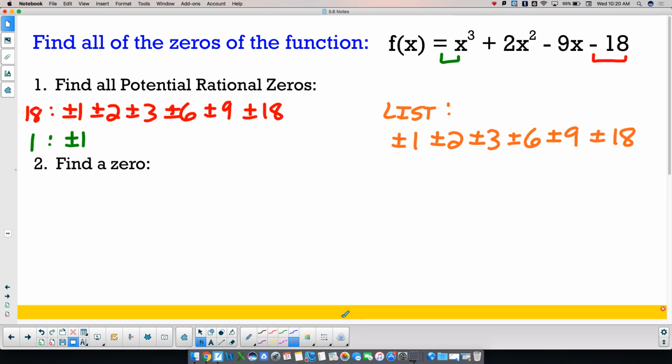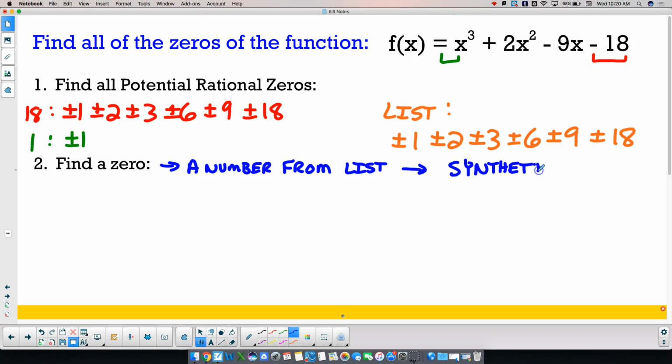Step number 2 says we have to actually find a 0. And we're going to find a 0 by using a number from our list, and we're going to use that number in synthetic division.